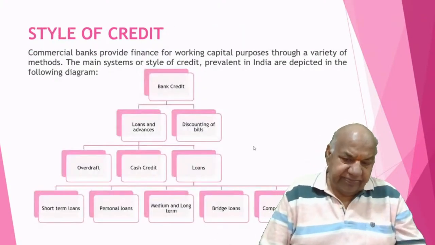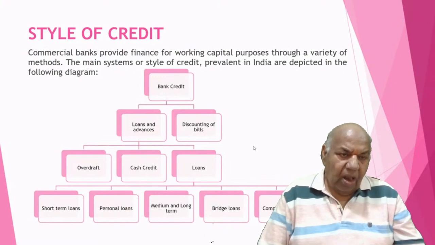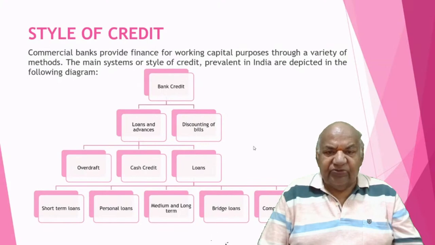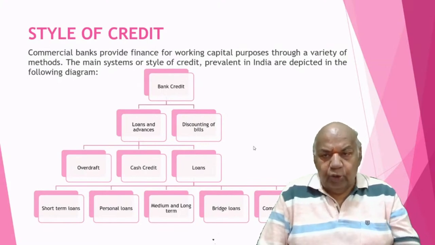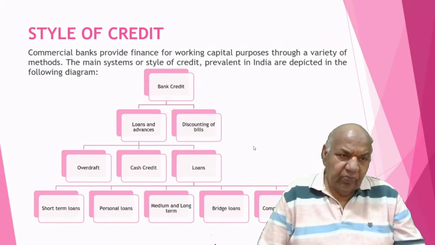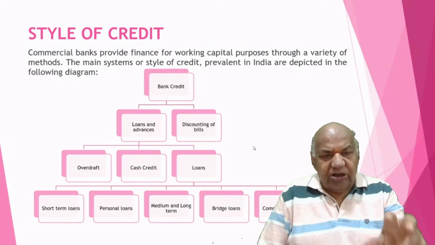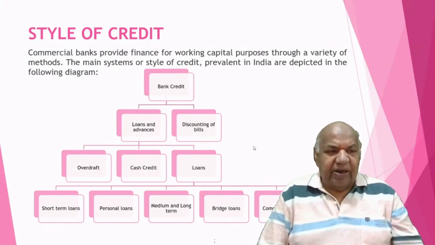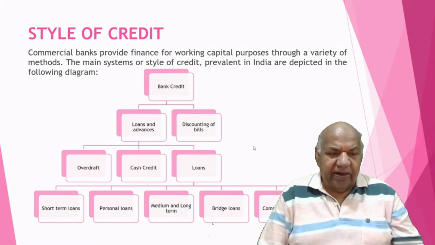Style of credit. Commercial banks provide finance for working capital purposes through a variety of methods. The main systems or styles of credit prevalent in India are depicted in the following diagram.